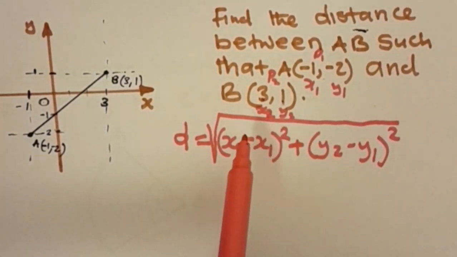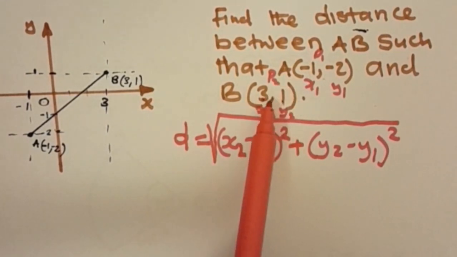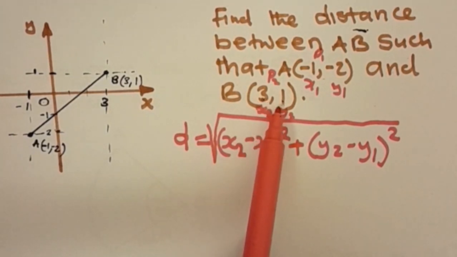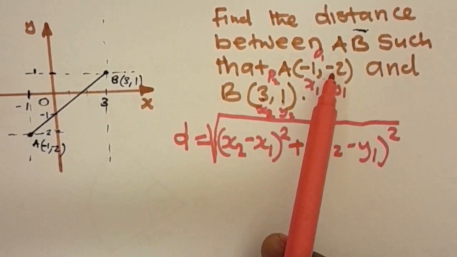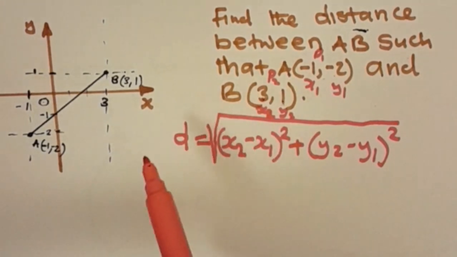It doesn't matter whichever you choose. If you want, you can even choose B as point 1, meaning you're going to have x1 and y1 in point B, and then this becomes point 2. It doesn't matter which one you choose to be point 1 or point 2. You still get the same answer.